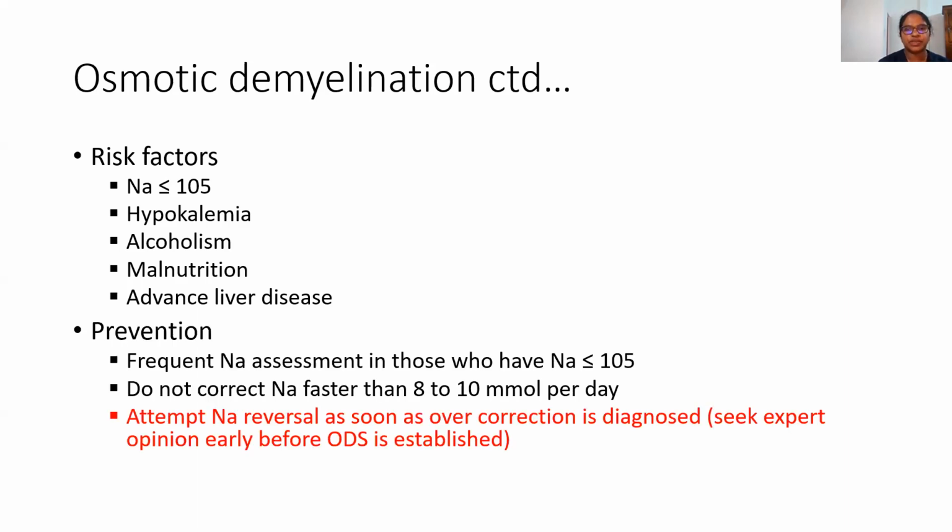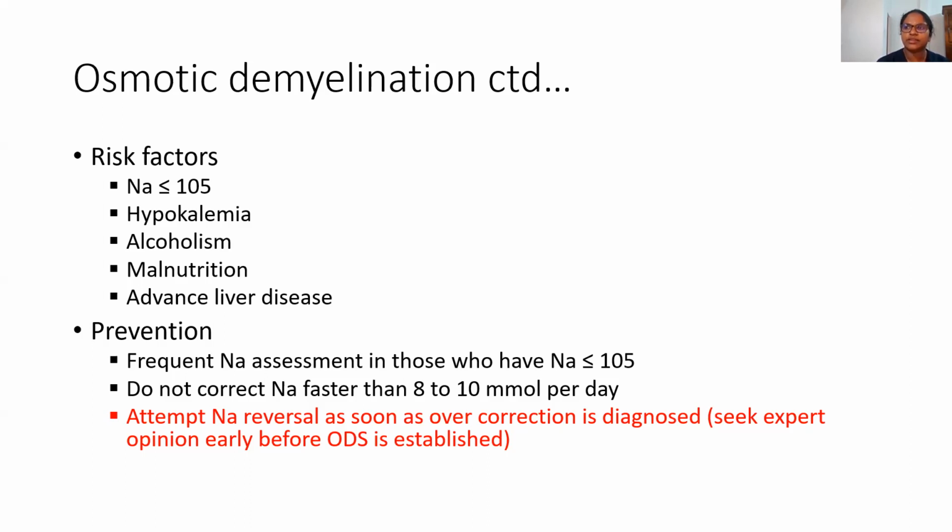So how to prevent it? That is frequent sodium assessment as well as preventing overcorrection. One important thing I would like to stress is you can attempt sodium reversal as soon as overcorrection is diagnosed, say if you by any chance accidentally go beyond the required rate. You can take expert opinion early, before osmotic demyelination is established, for sodium reversal.